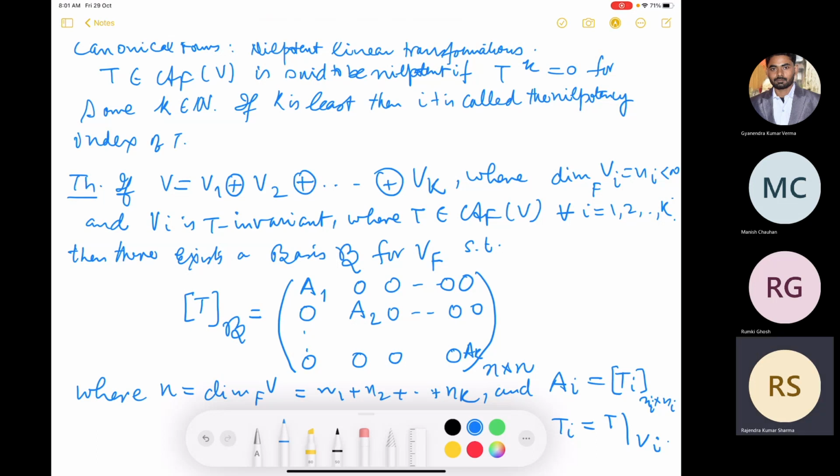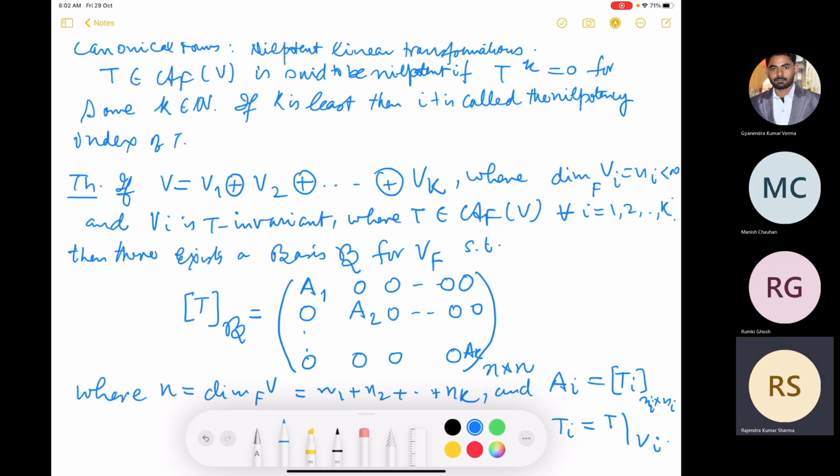Correspondingly, we also proved that the matrix with respect to an ordered basis will be triangular, and on the diagonal, the entries will be the characteristic roots of T. So if T is nilpotent, in that case, its diagonal will be 0 because every eigenvalue of T is 0.